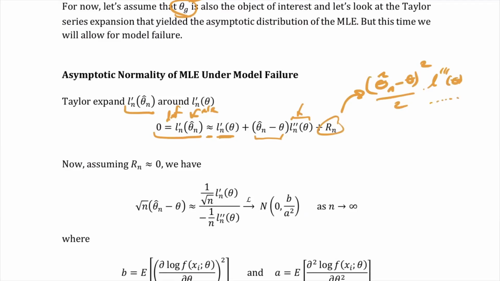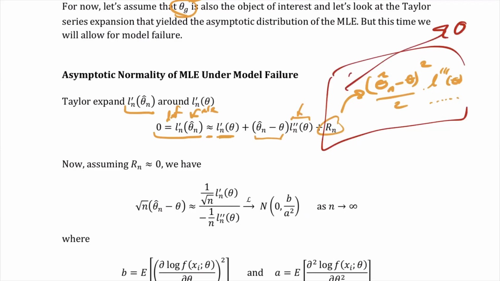Okay. We're going to assume that all this remainder here goes off to 0, so I don't have to worry about it. All right. So assuming the remainder is 0, I can rearrange these pieces. So what am I going to do? I now have 0 is equal to this piece here.